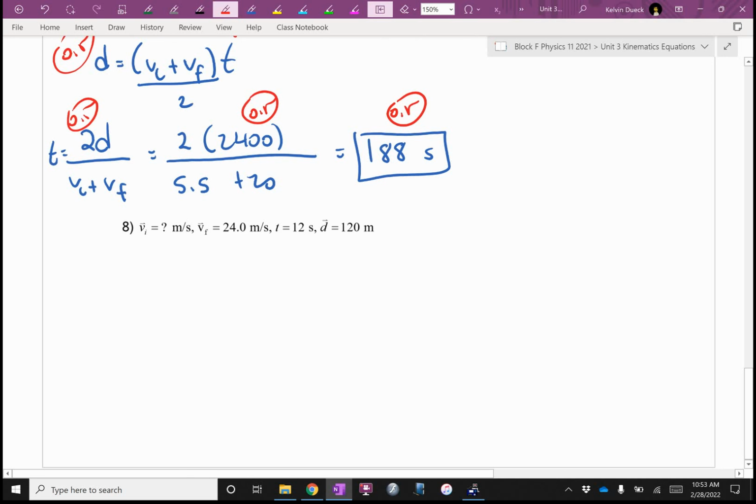VI, same equation. D equals bracket VI plus VF over T, times T over 2. Scott, where's the VI inside the, I'm looking for it that starts with the letter B. I'm going to do that last because reverse bad maths. Scott, what's this 2 doing to the bracket?